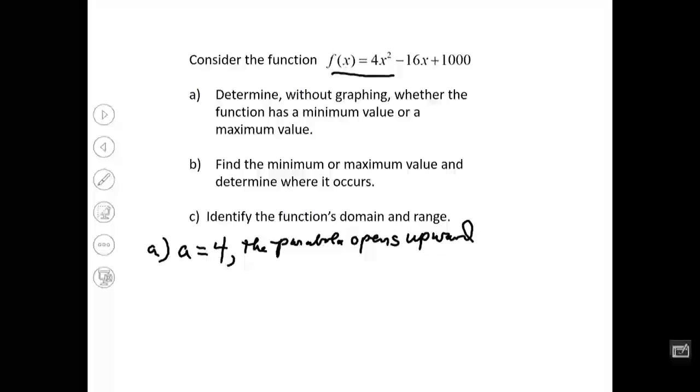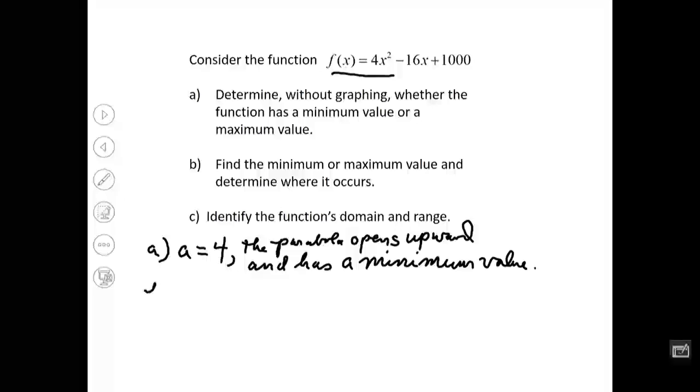And since it opens upward, it has a minimum value. So without having to graph the function, we've decided that the function will have a minimum value.